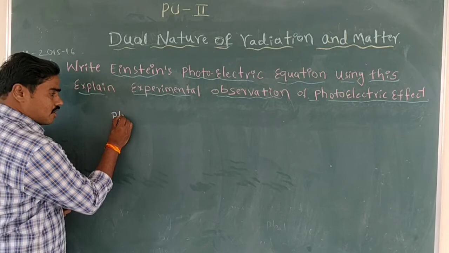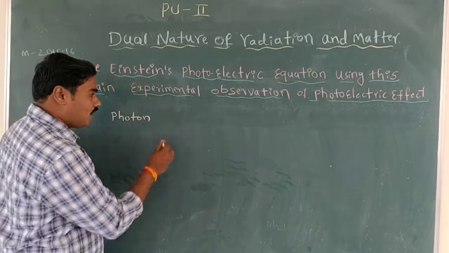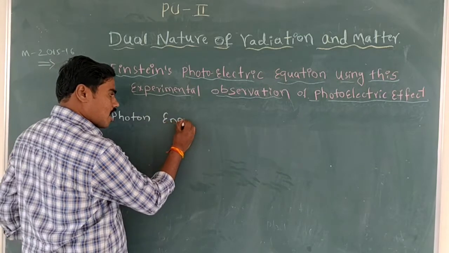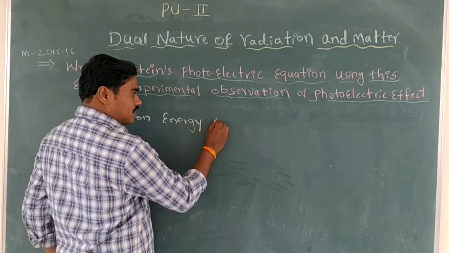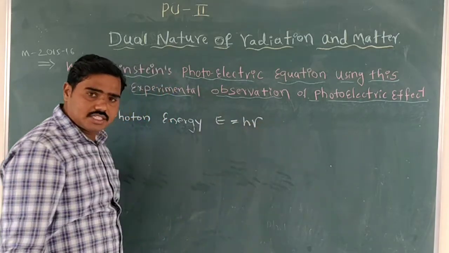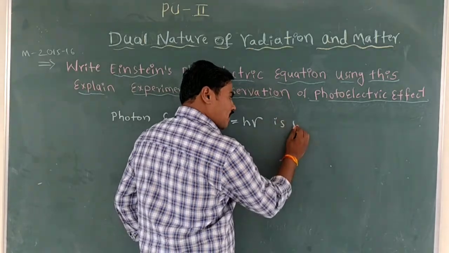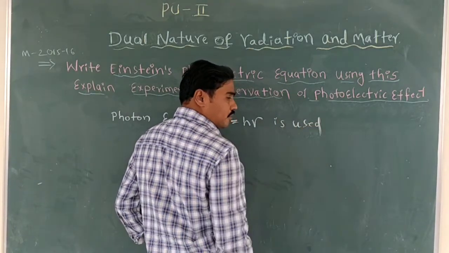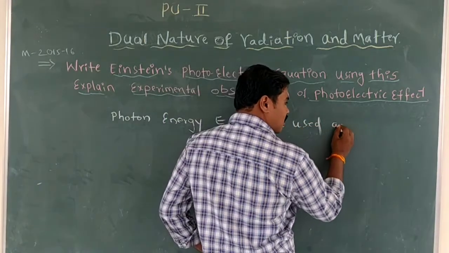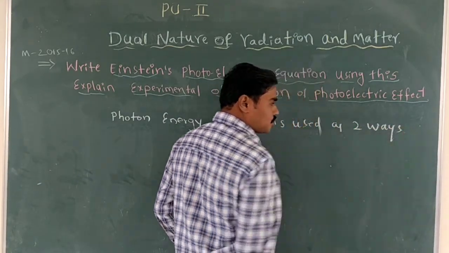Here, first, photon energy, that is E is equal to h nu, is used in two ways.